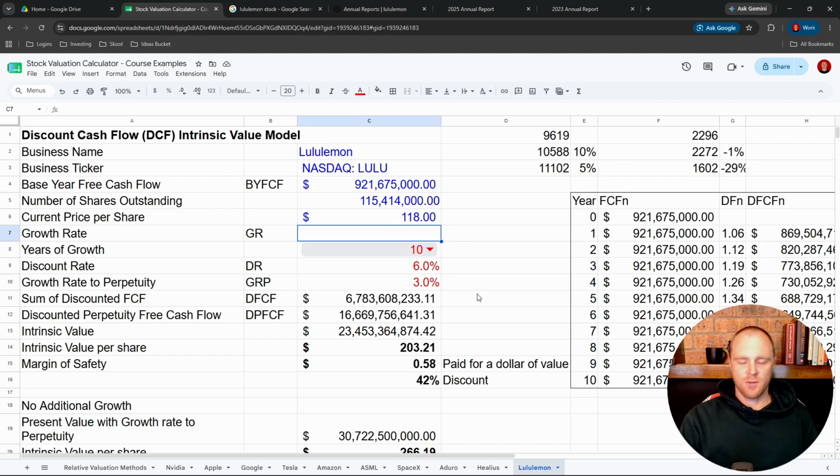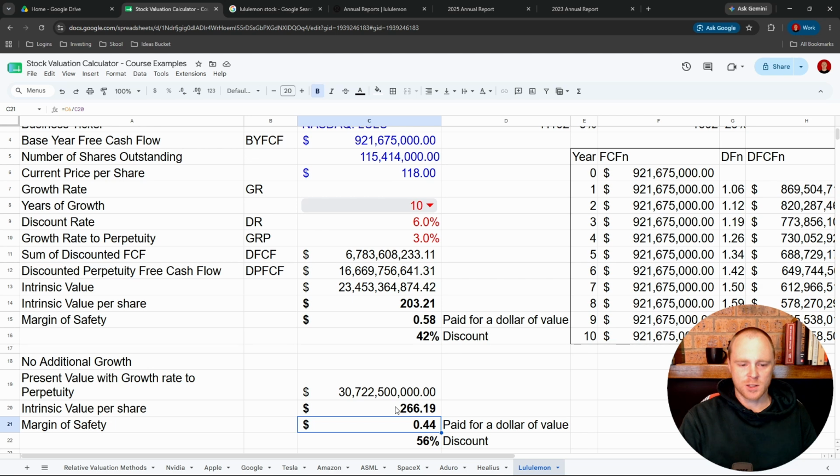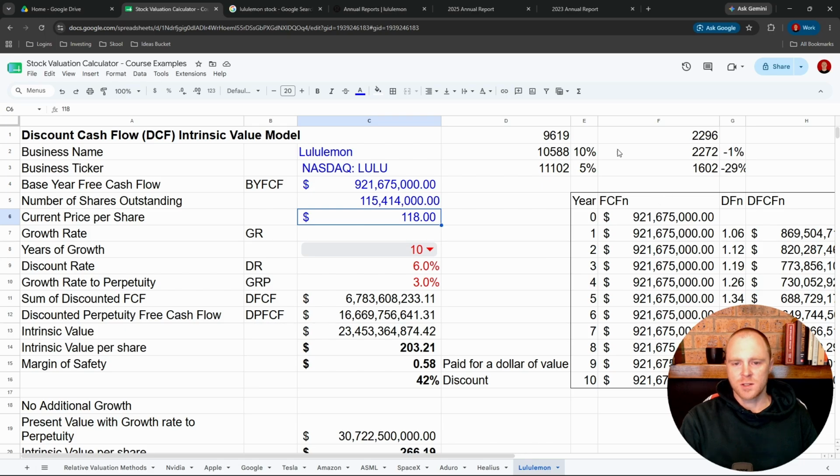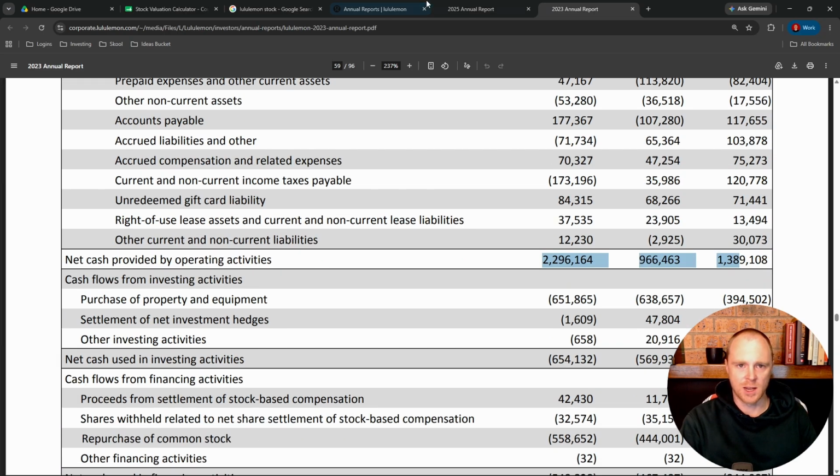So even if we assume zero growth, we get 44 cents paid for $1 of value of the business. And the price that they're saying intrinsic value per share is 266 against our 118. So even during these ups and downs back in 2023, we can see that the business still produced cash, still gone up and down.